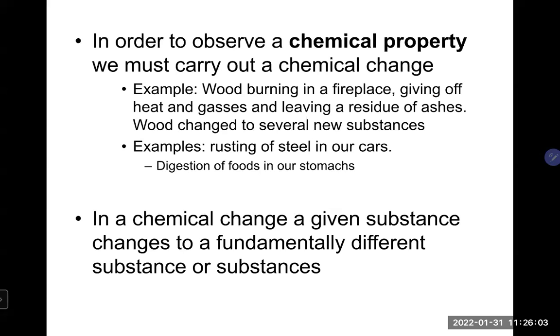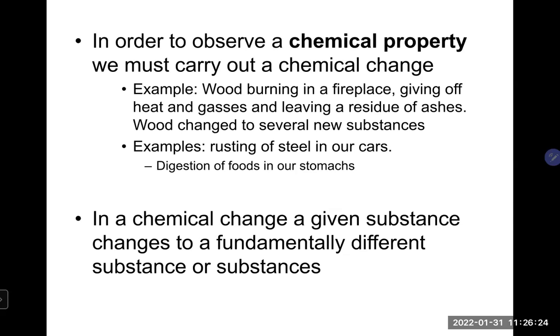A chemical change, or a chemical property, is a little bit different than that. A chemical property is basically the ability of a substance to undergo some type of chemical change or chemical reaction, or its ability to resist some type of chemical reaction.